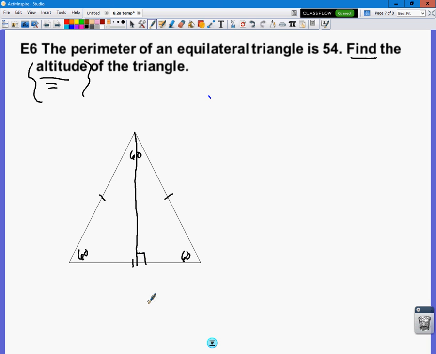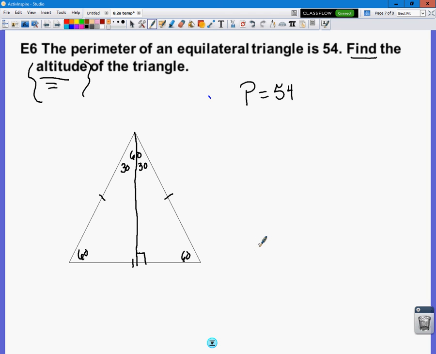Okay? So if that's the case, in this triangle over here, if this is 90 and this is 60, what happened to this 60 up here? It split it into 30 and 30. And the only other information they gave me about this is that the perimeter was 54.